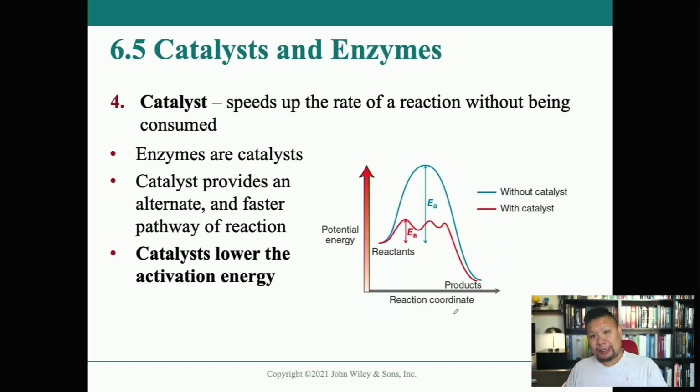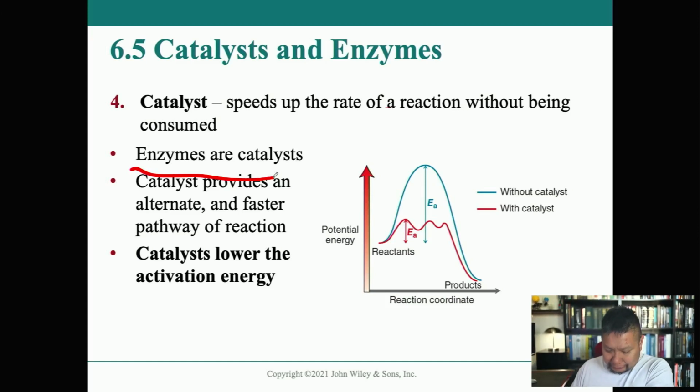And last but certainly not least, because it's the thing I deal with the most as a biochemist, enzymes are catalysts. Catalysts speed up the rate of reaction without being consumed. Enzymes are catalysts. Hey, shout out to the biochemist. Catalysts provide an alternate and faster pathway for reaction. Catalysts lower the activation energy.